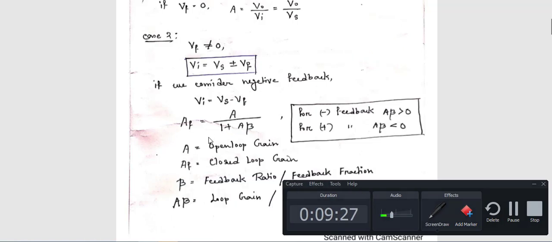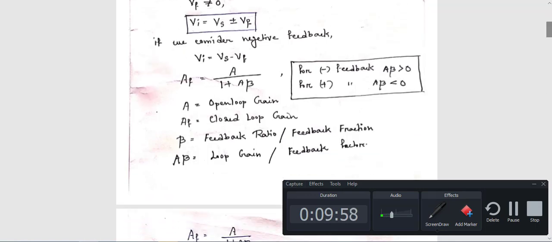Now this A is known as the open loop gain, and AF is the closed loop gain. What is beta? Beta means feedback ratio, also known as feedback fraction. In some books it is written that beta is also known as feedback factor, but remember that beta is not the feedback factor; beta is the feedback ratio or feedback fraction.